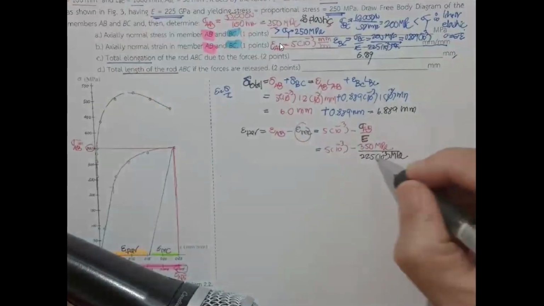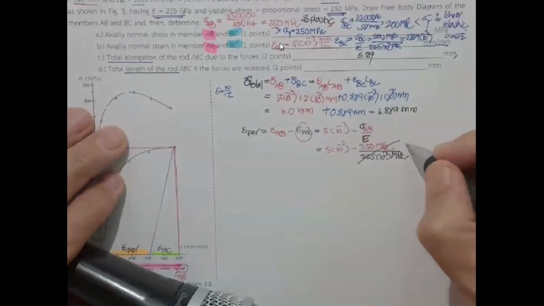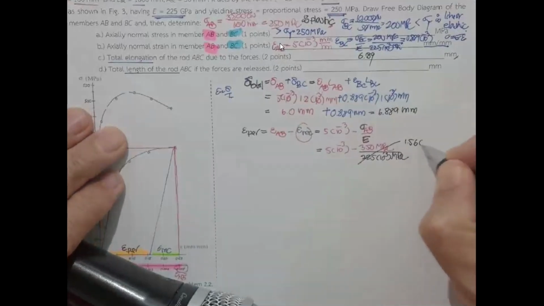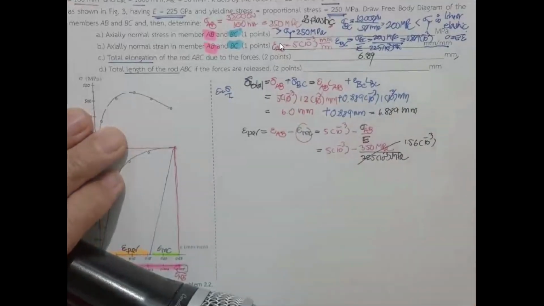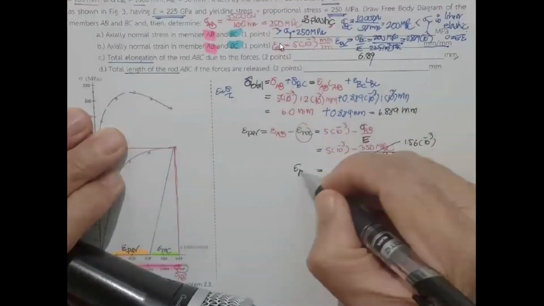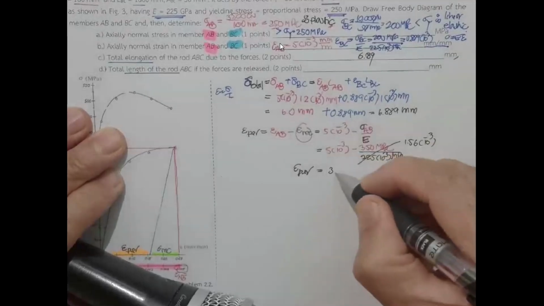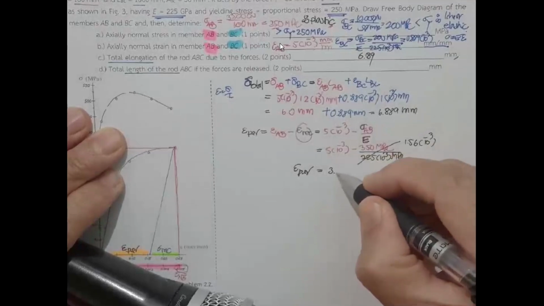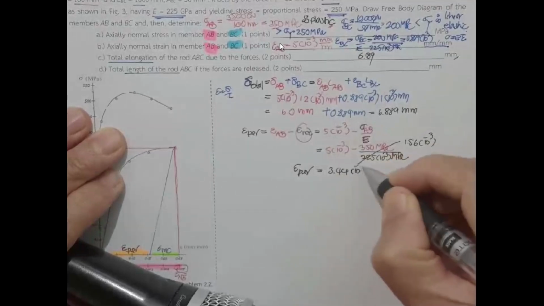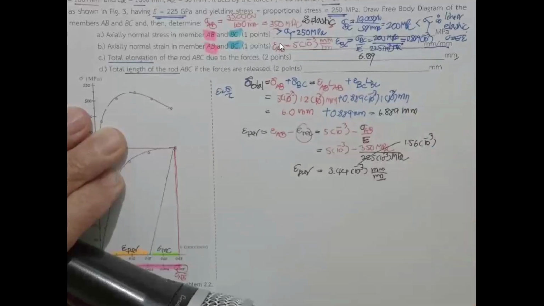Okay, and you should get this one to be 1.56 times 10 to the minus 3. Then the result of this one, strain permanent, is 5 minus 1.56, which is 3.44 times 10 to the minus 3 millimeter per millimeter.